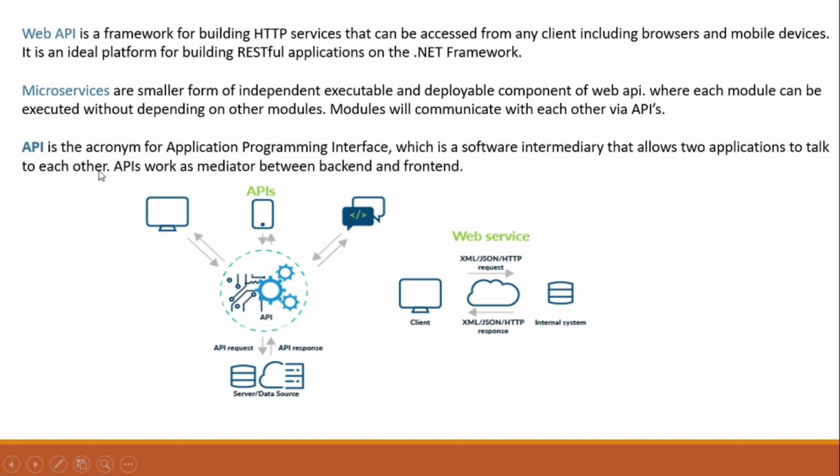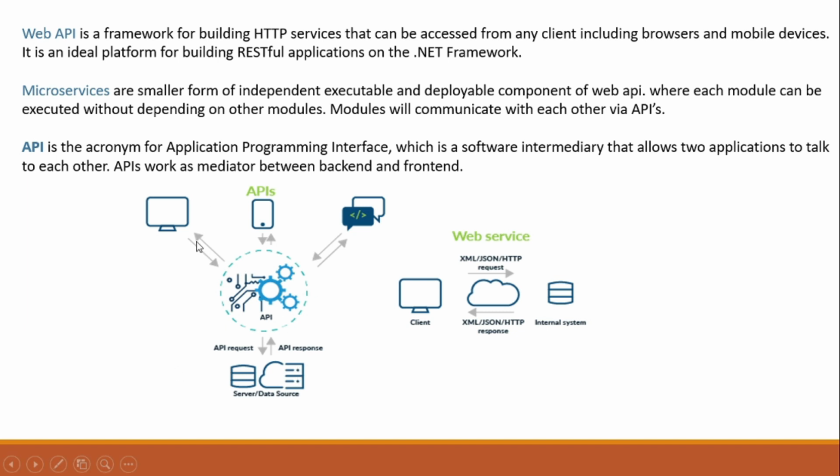Okay, so API is application programming interface. An API could be a web API, microservices, or web services. API basically provides the communication between the front end and back end, so it works as a mediator between front and back end.